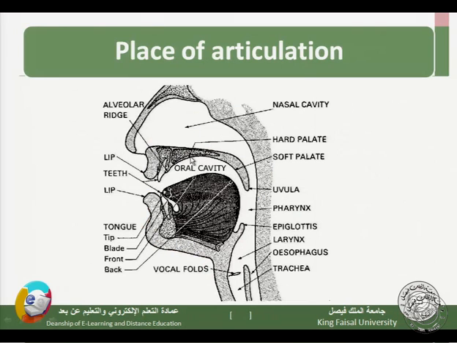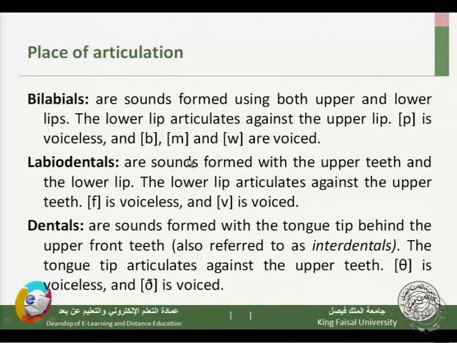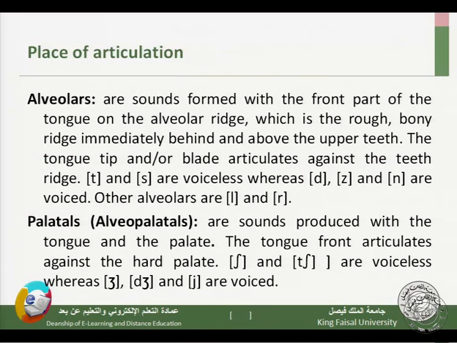We have seen the alveolar ridge, which is the part just behind the teeth. Just behind it, a little bit at the back, you will find the hard palate. So if the front part of the tongue touches this part, you will have alveolar palatal sounds.